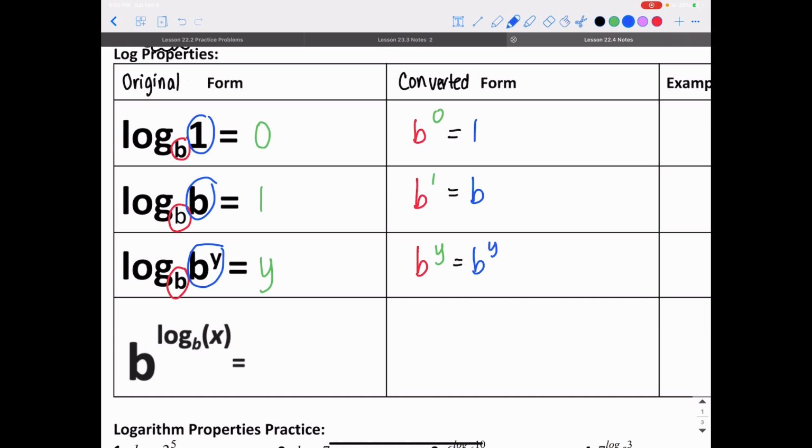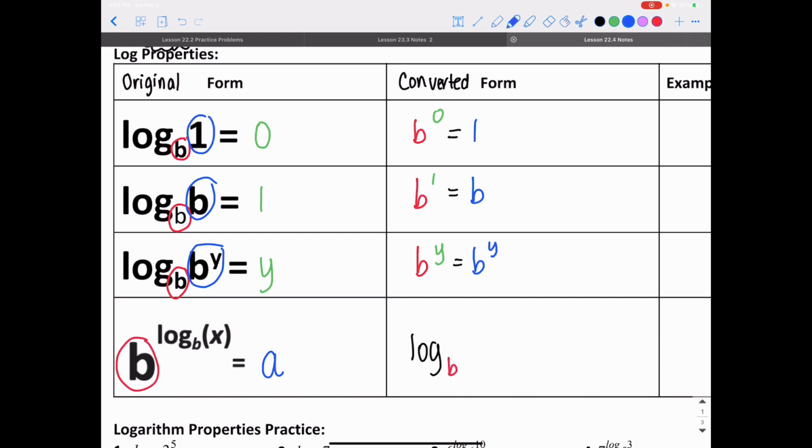For the last property, I have b to the log base b of x, which is always going to give me the same thing, and I want to figure out what that is. I'm going to set this equal to a, because I know this is going to give me an answer. This is exponential form. Base raised to an exponent is going to give me an answer. I'm going to convert this to logarithm form to figure this out. So I'm writing the word log. My subscript is going to be b because that's my base.